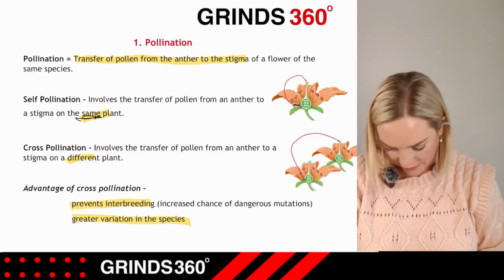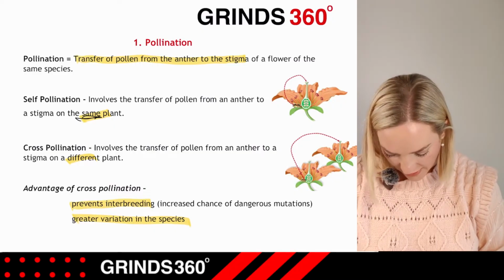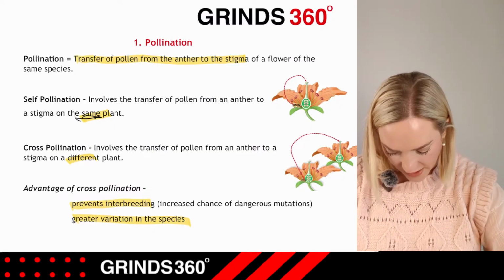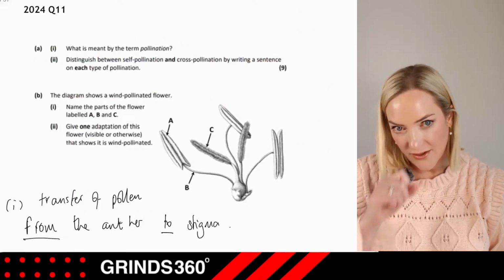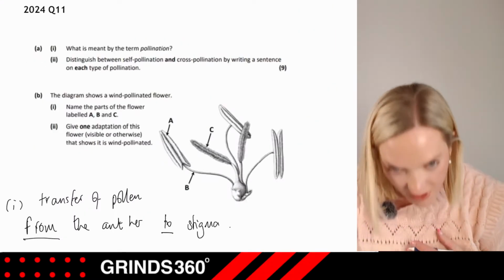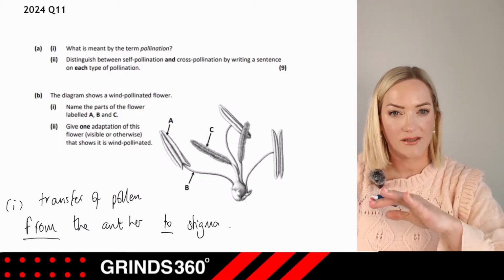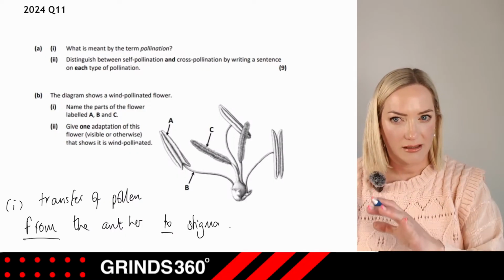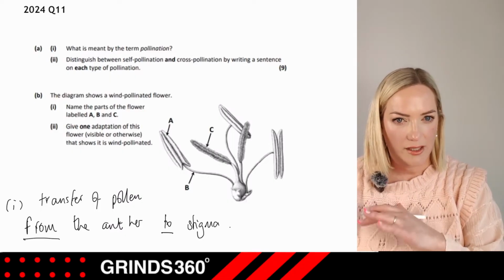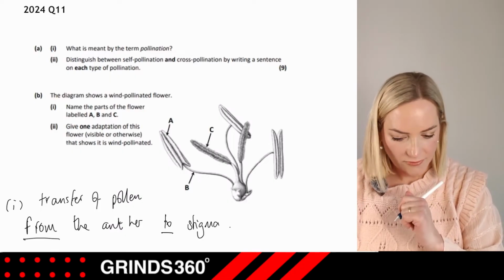Okay, thank you. Killian asks, are these questions on exam papers? If so, what year? This question here was 2024. I have all the questions that I'm going to cover today available for you to download. I have stuck with past paper questions.